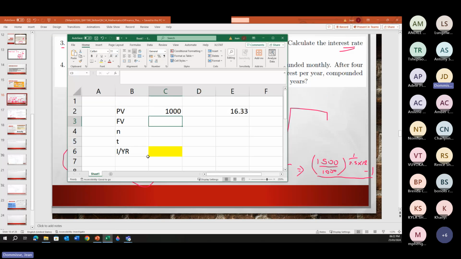Sorry for that. We've got the future value as 15,000. Remember, as with your calculators, we normally need to put one as negative, because that is how your financial calculator works, and that is how Excel works as well. They told us it's monthly. They told us it is 2.5 years.